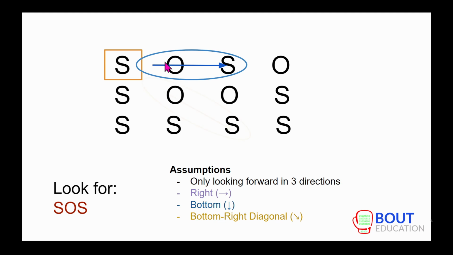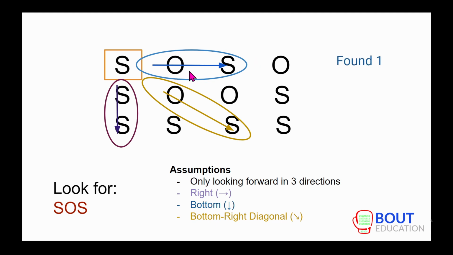So we fan out to the right, we fan out to the bottom right, we fan out to the bottom for a given starting position, and then we essentially count up how many we can find. In this case, we found 1 on the right, so we found 1, then we found 1 in the diagonal position. SOS is indeed SOS. Found 2.